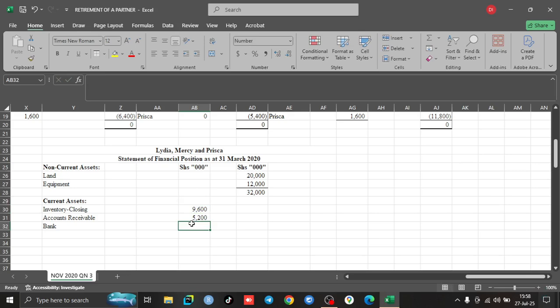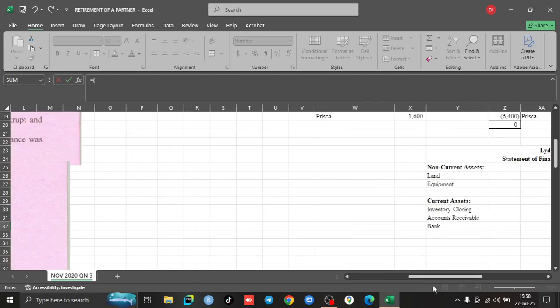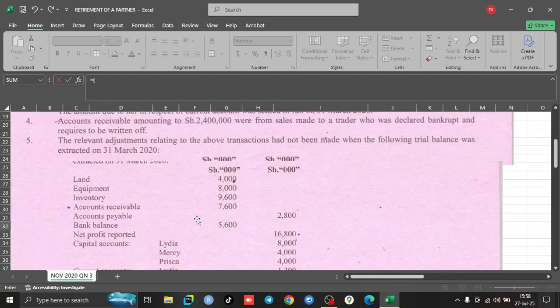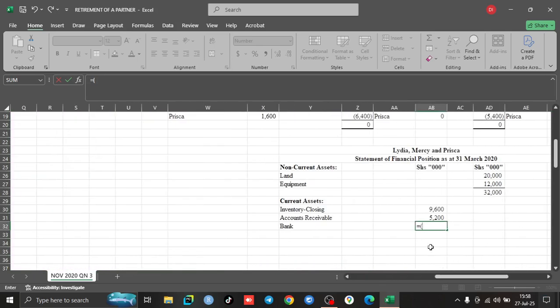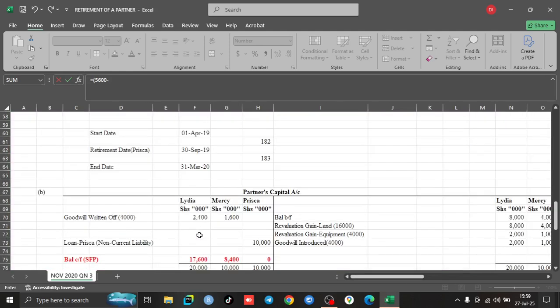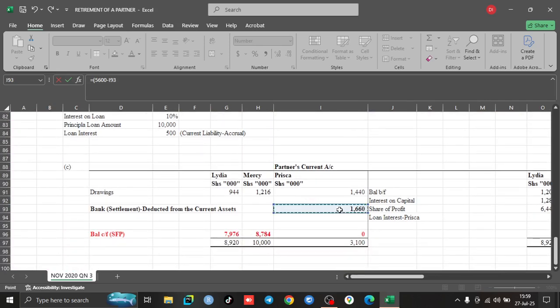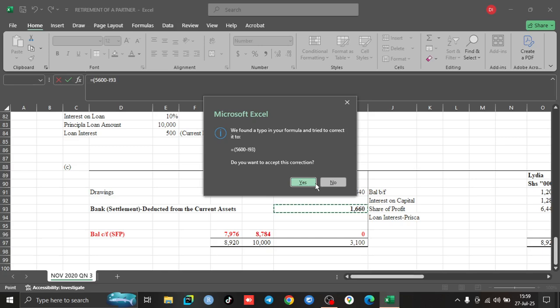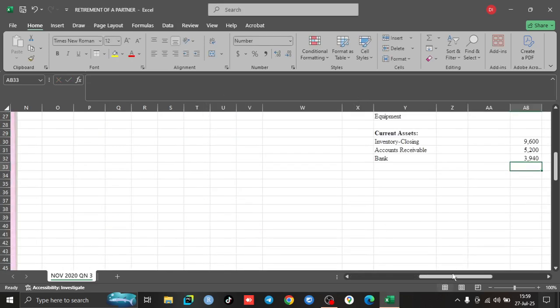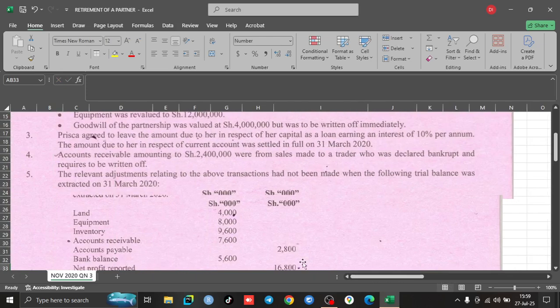Then for the bank balance, remember we had to settle the amount due to Priska in full in terms of our current account. So we have 56, and how much are we settling to her? We are going to settle for her this amount of 1660. So I auto deducted it and summed it up. Is there any other non-current asset? Let's see.